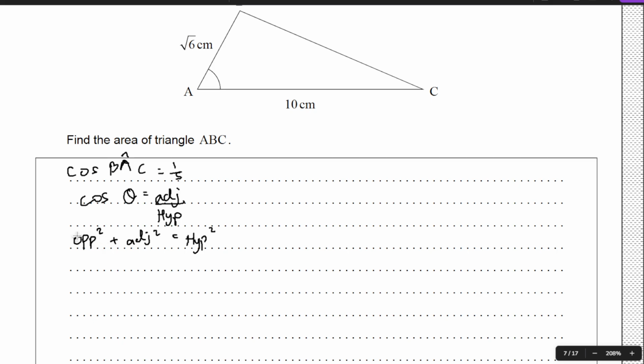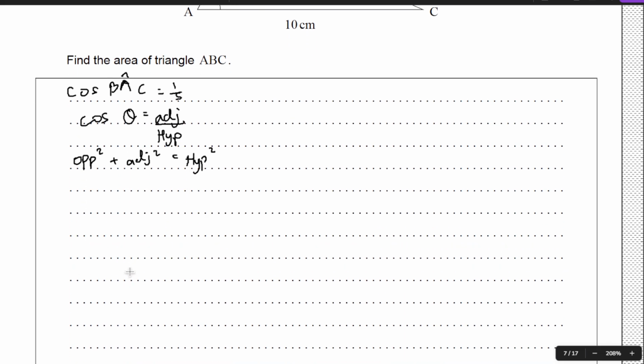Remember, a and b, which in this case are opposite and adjacent, are interchangeable, but I'm going to put these names specifically to be better understood. And what we're looking for here is opposite. So our opposite value is going to be the root of the hypotenuse squared minus the adjacent squared.